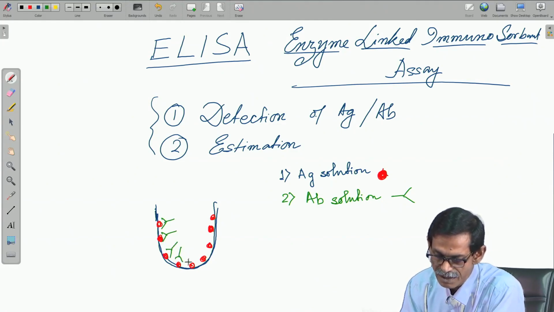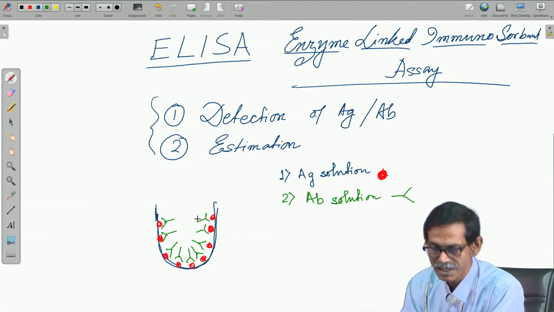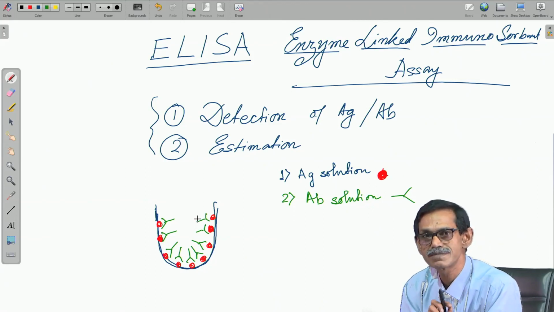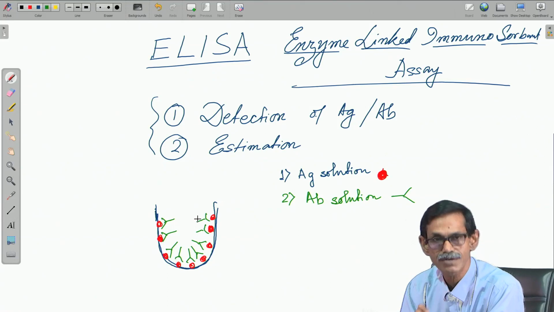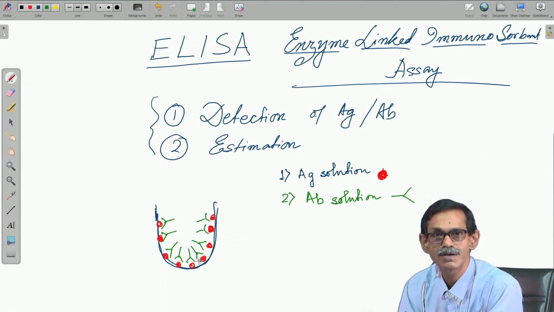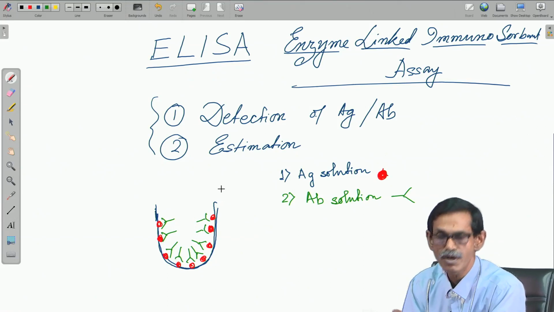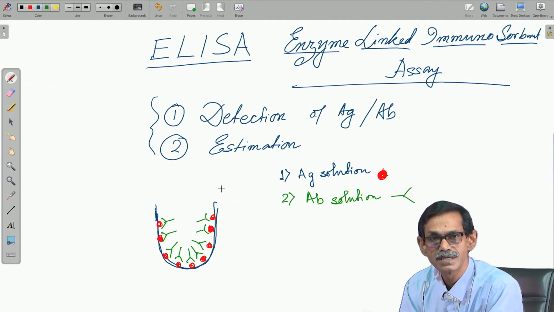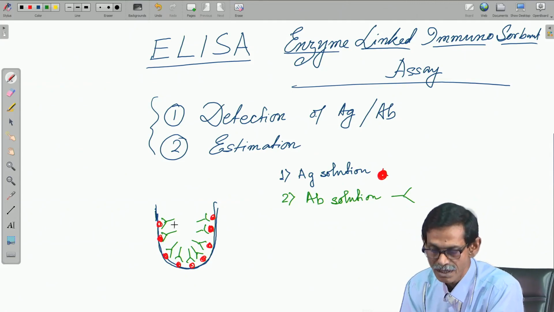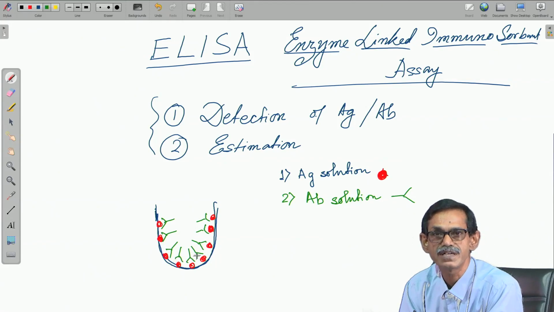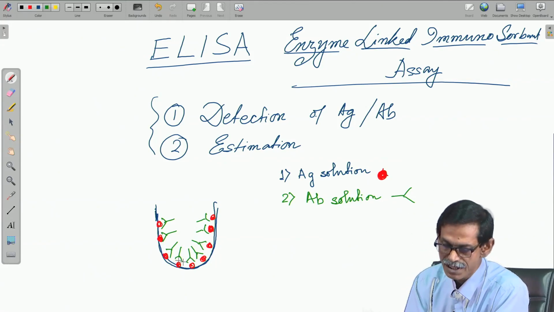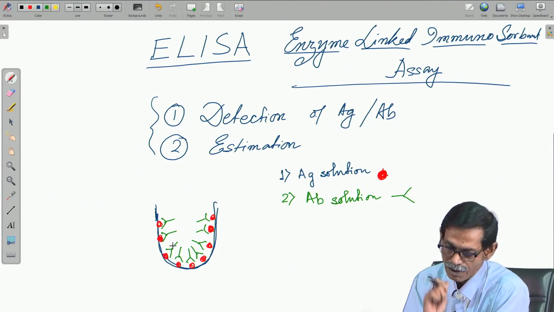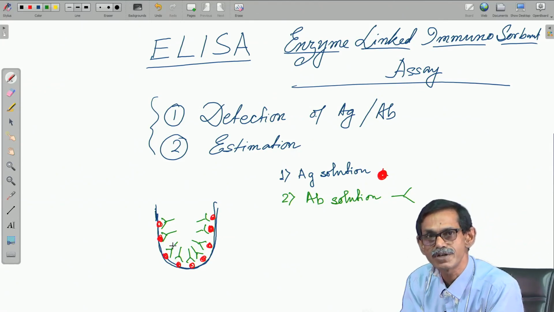I am just making it saturated. If the antibody amount is enough, it will bind all the antigen available. If you have less antibody, maybe some antigen will be free and not bound. In this case I assume that all antigen is covered by antibody molecules.